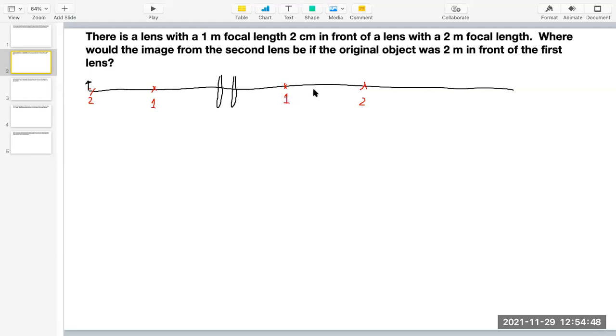And then you can use that to find your final image. So it's just doing this one twice. So see if you can work through that. Start off ignoring the second lens and finding the image, and then use that location as your object, find another image.